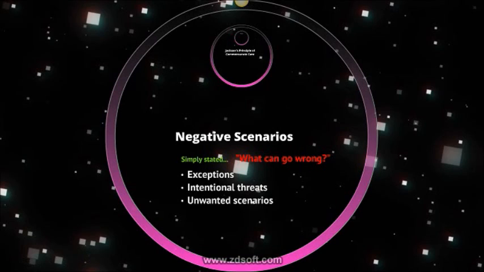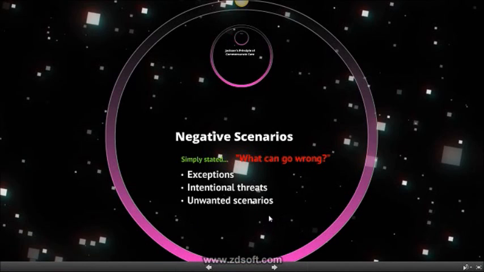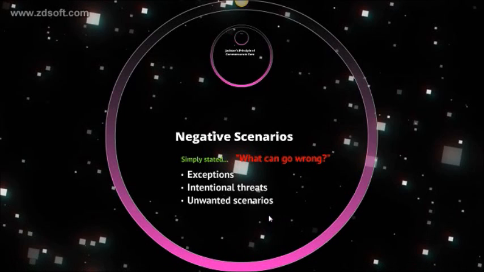So that's what an unwanted scenario is about. And there are a lot of others, but just keep in mind that in the normal course of things, if doing the right things gets crisscrossed, it may cause an unwanted scenario.